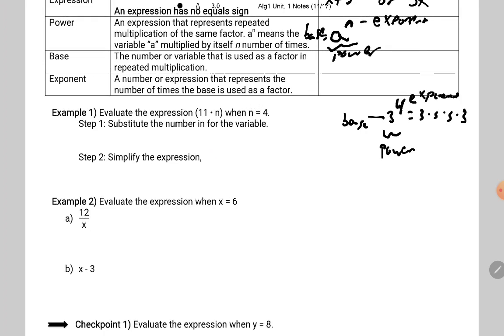It's telling us n equals 4. So whenever we see an n, we're going to plug in 4. So 11 times 4, okay, n is replaced by 4. So 11 times 4 is 44.